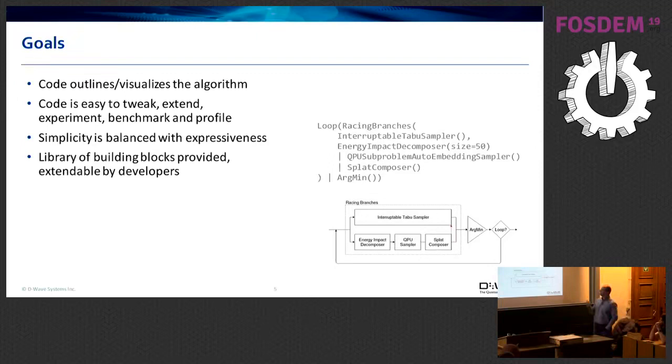So this is not as general as it could be. You cannot build a general graph. You cannot build a TensorFlow kind of model with this because we wanted to stick to functionality usually required by algorithms we studied for decomposition. And we wanted to provide a library of such building blocks, which are then understood and easily extendable by developers.